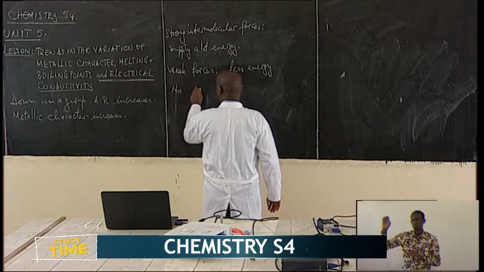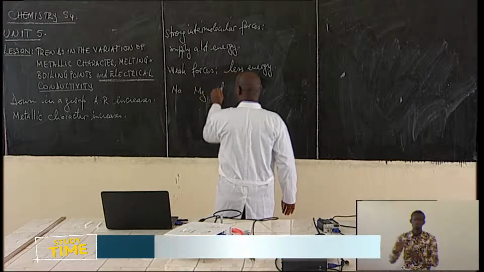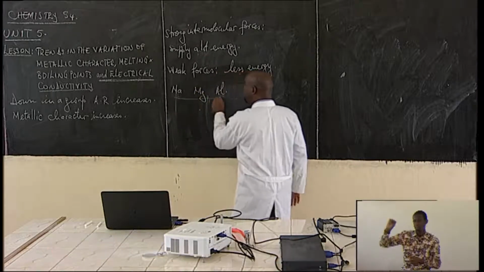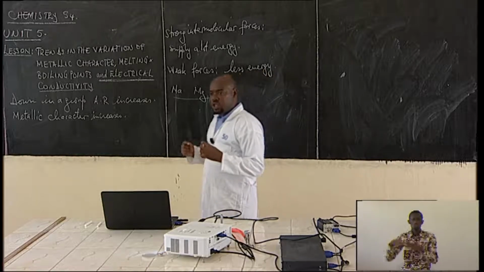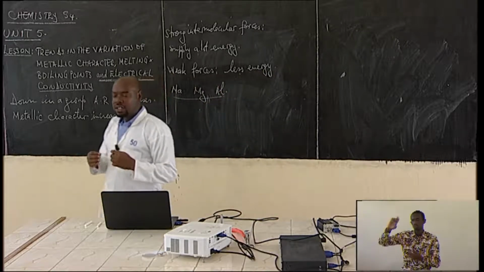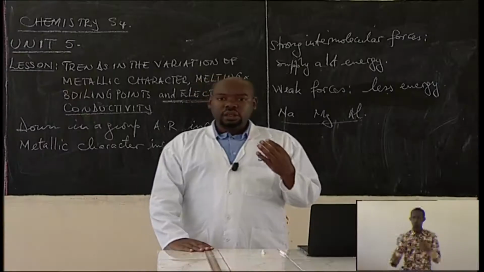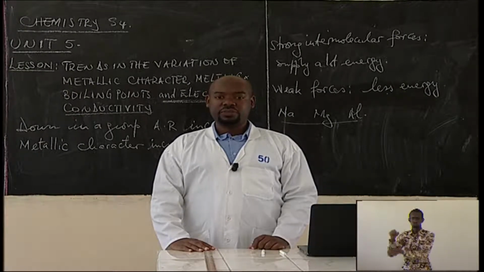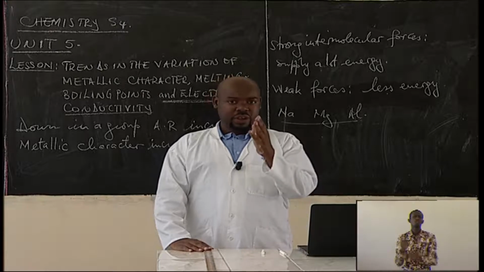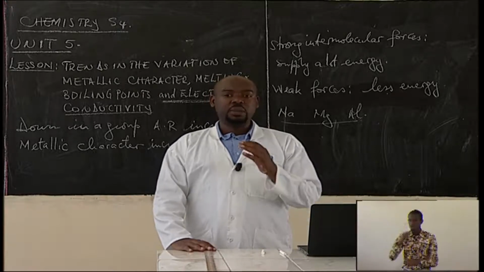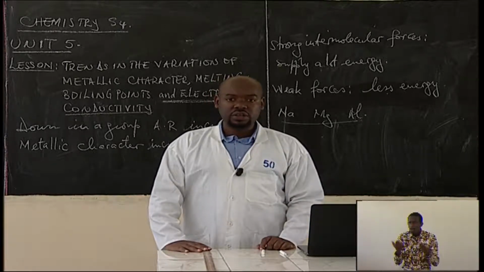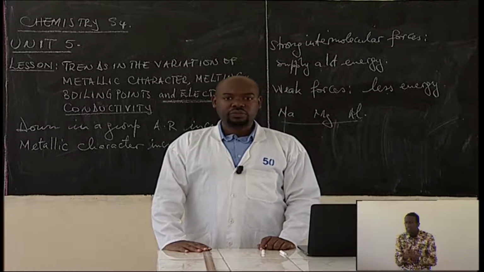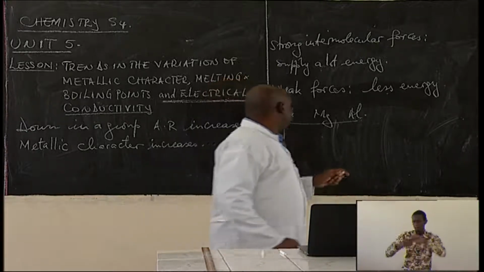Sodium, magnesium, and aluminum. Which of the three metals has stronger attractive forces, stronger metallic bonding? Do you remember the factors we consider when determining the strength of metallic bonding? Yes, you remember them.